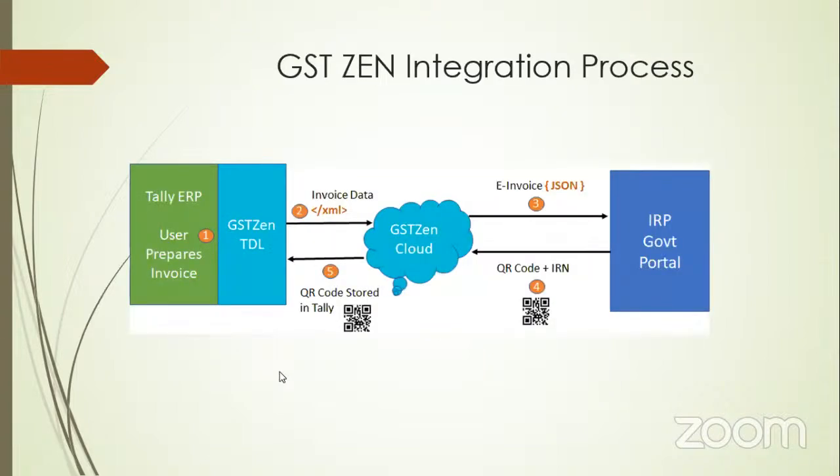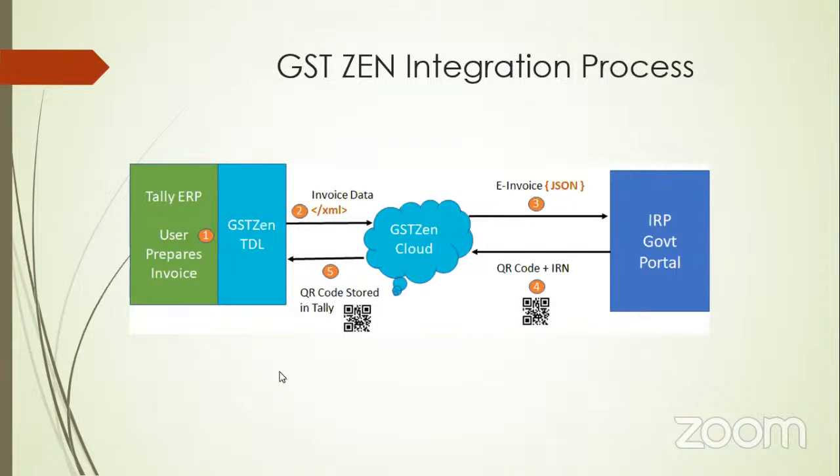Okay, let me talk about how GST Zen integrates e-invoicing to an ERP. For example, we have a TDL which we install in Tally directly, and it provides the option to the user to generate the e-invoice directly from Tally itself. The data is fetched into GST Zen Cloud in the form of XML.